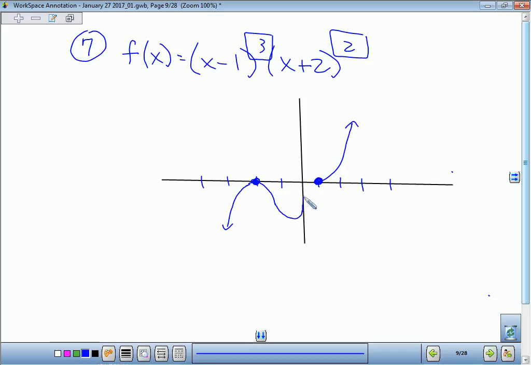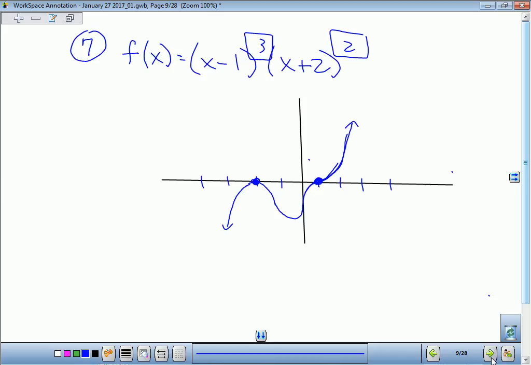Going this direction, it goes from concave down to concave up. All right, even multiplicity, bounce. Odd multiplicity, passes through with an inflection. So it's a 3. Got it?